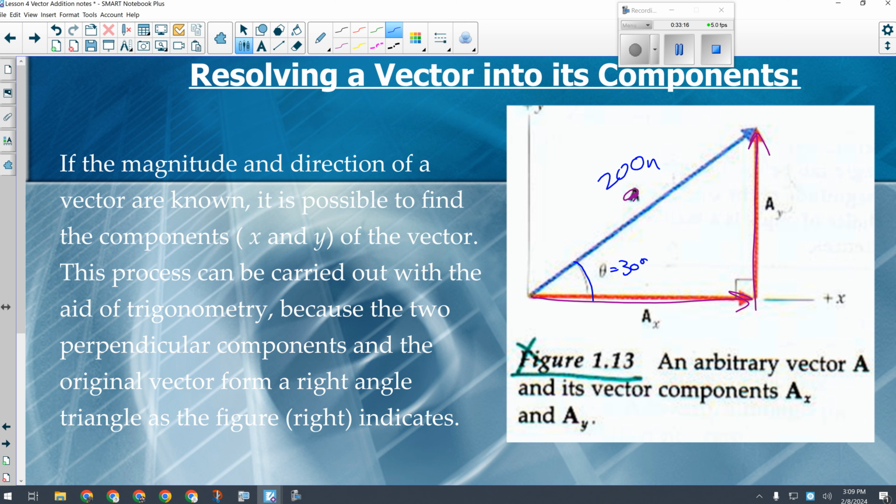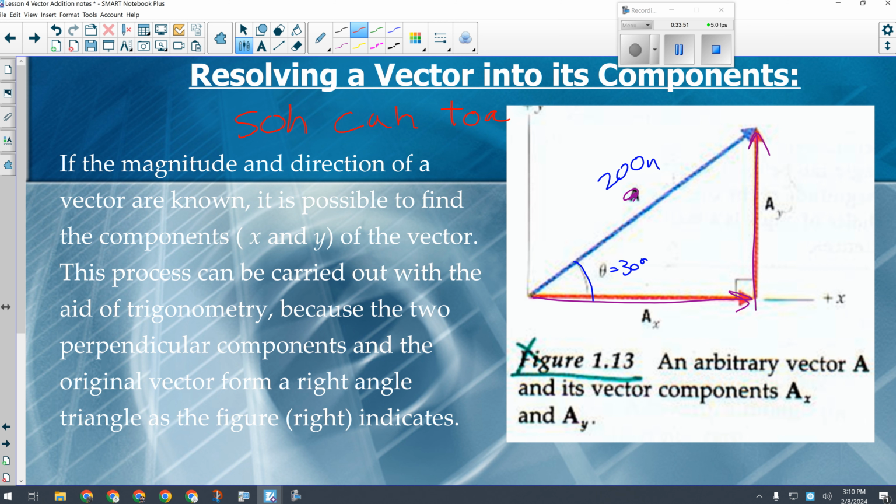All right, so if I'm looking for Ax, and I've decided that Ax is the adjacent side, and I know the hypotenuse and the angle, what trig function am I using? Sine, cosine, or tan? Good. You might want to write this down somewhere. That's how you know. Cos.